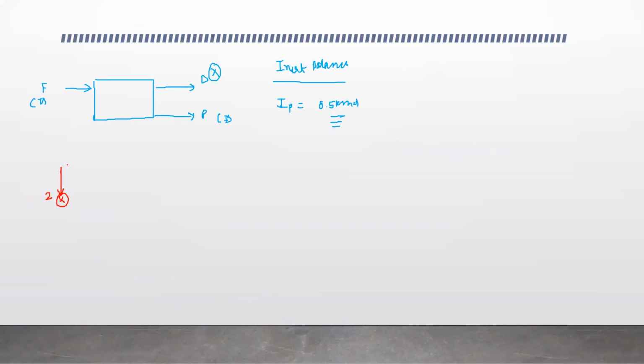P1 is coming into junction number 2, the recycle R is going here, and the purge stream is going here. So we have P1 is equal to P plus R, correct?